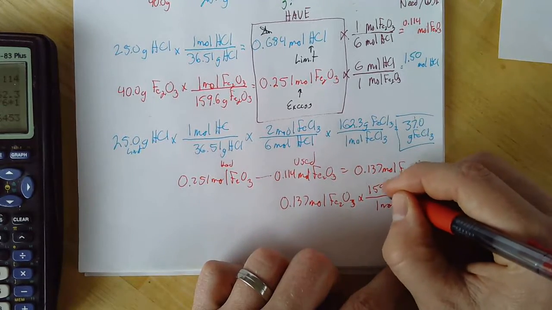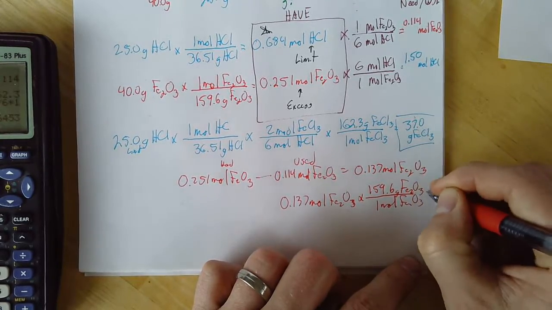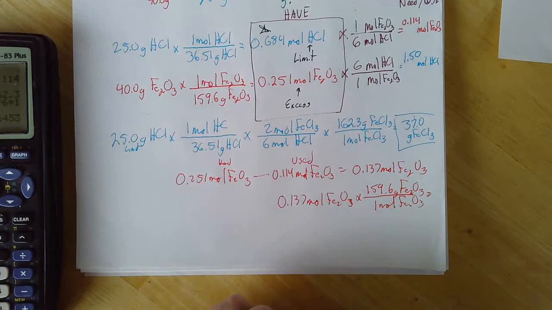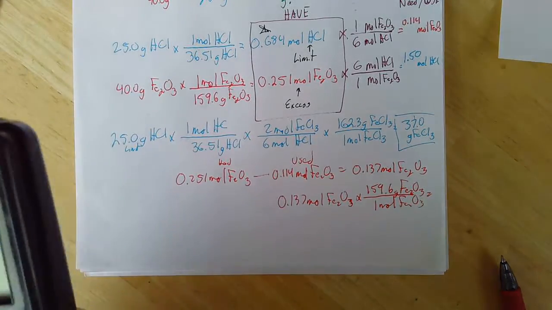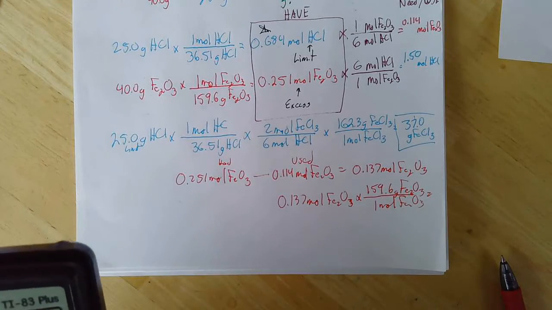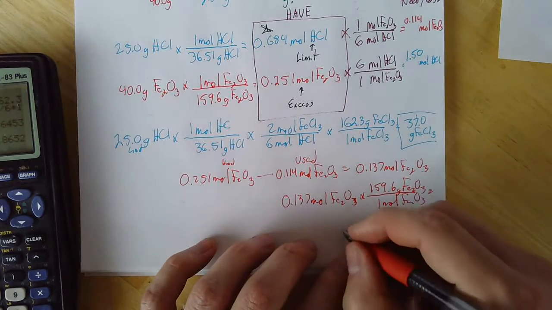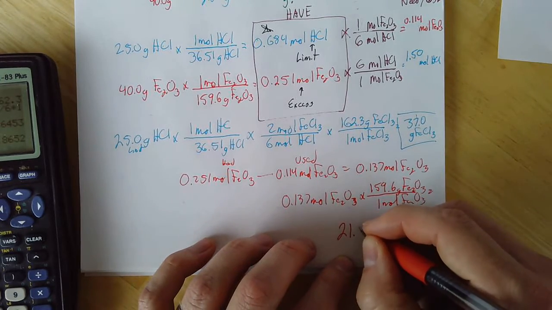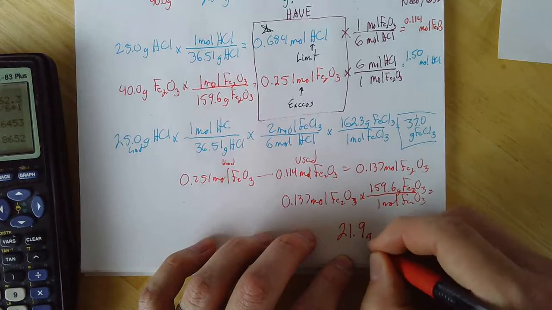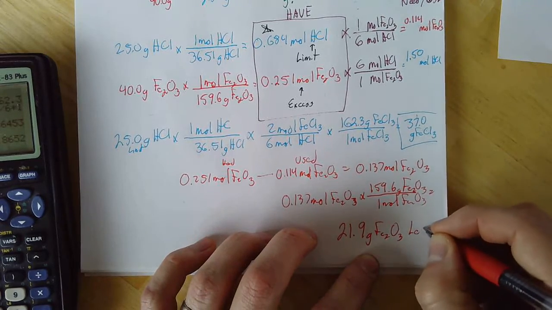So 159.6 grams of Fe2O3. And then I come up with a mass of, let me check that out, 0.137 times 159.6, right? So we would have had, out of our 25 grams, 21.9 grams of Fe2O3 left over.